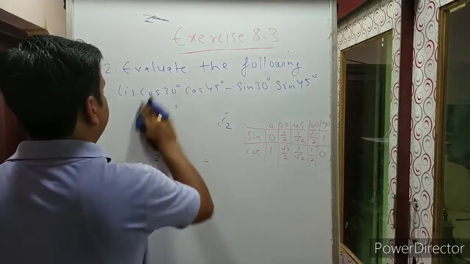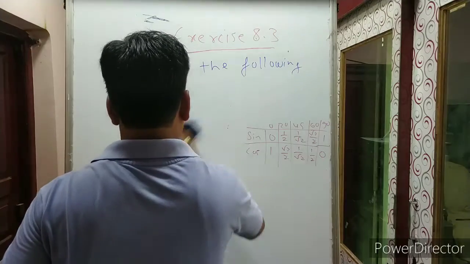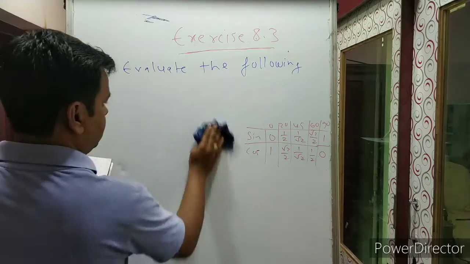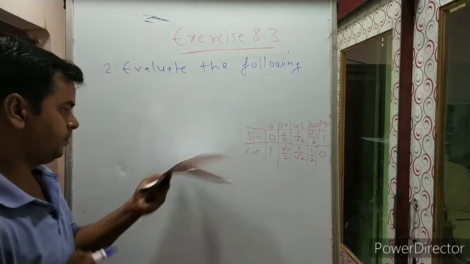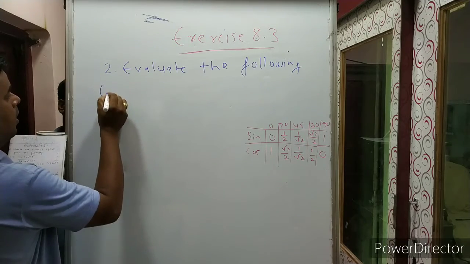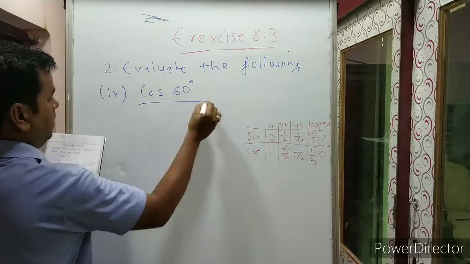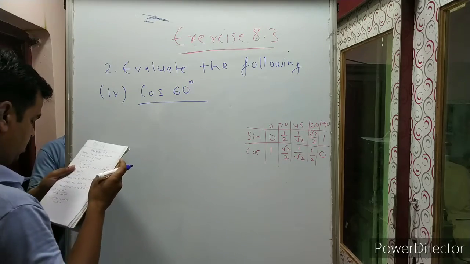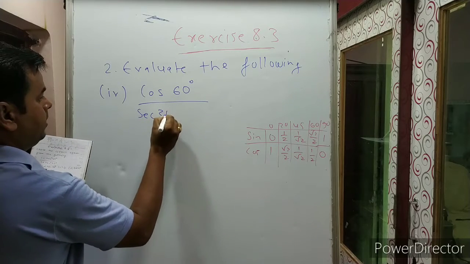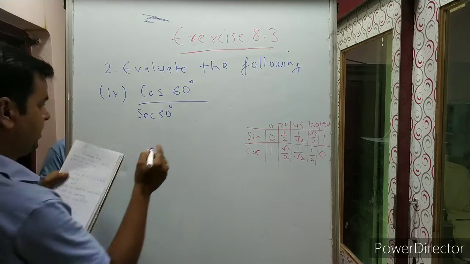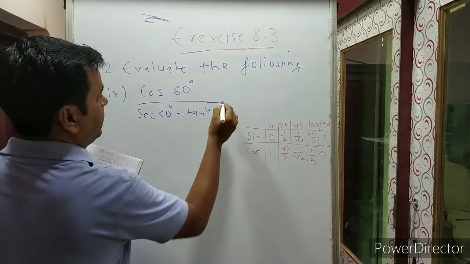Now move on to the next question. This is question number 4. Cos 60 degree upon sec 30 degree minus tan 45 degree.